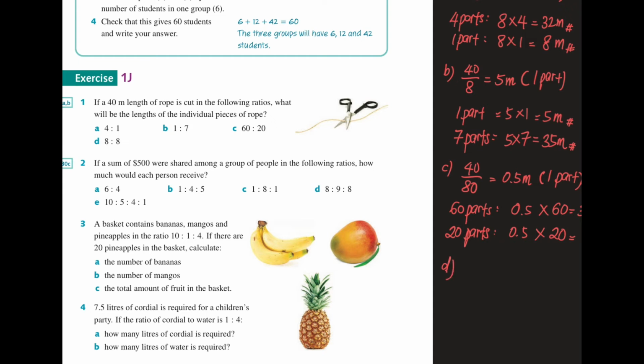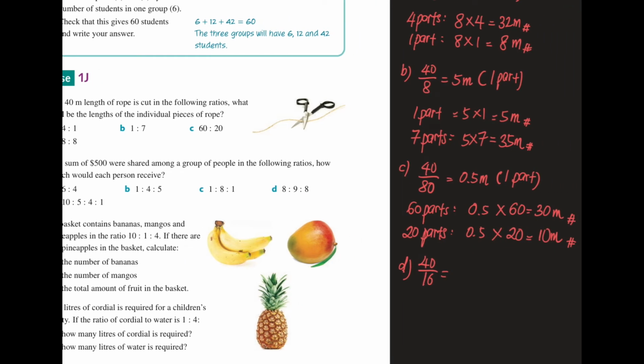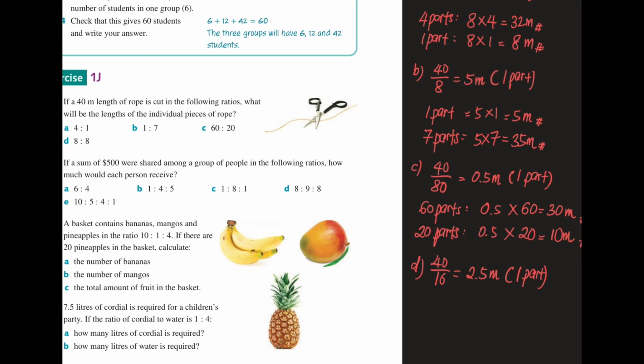Now part D. First we have to know that we have a total of 16 parts. 8 plus 8 is equal to 16. So we take 40 divided by 16, then we get 2.5. 2.5 meter represents one part.